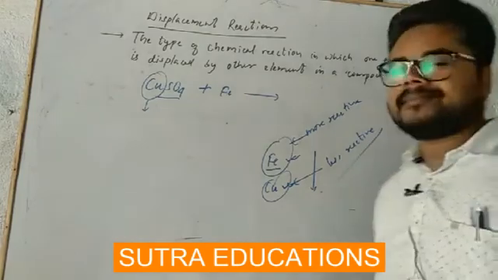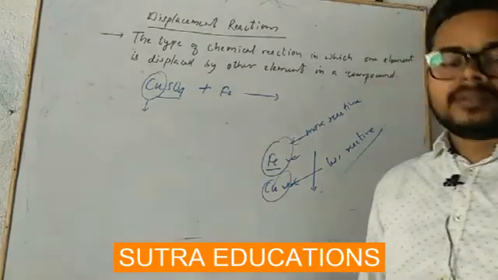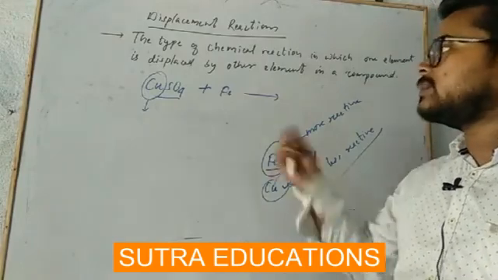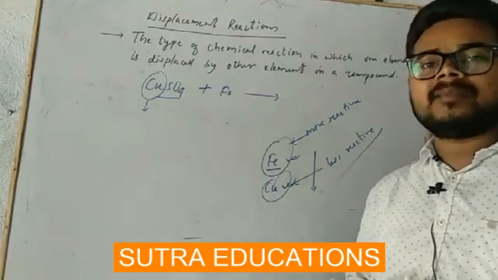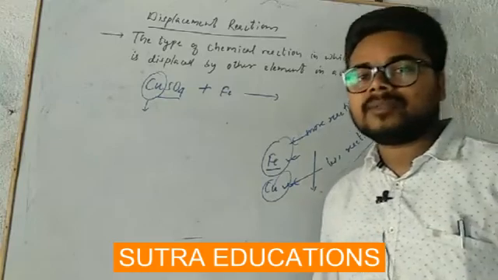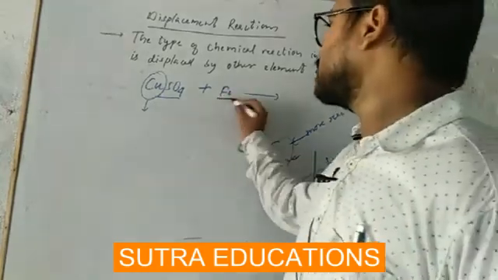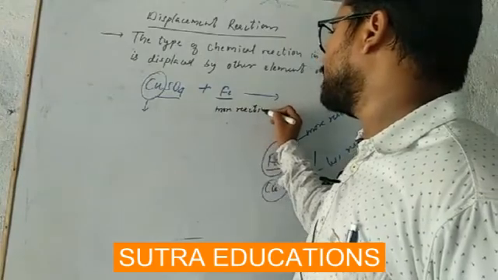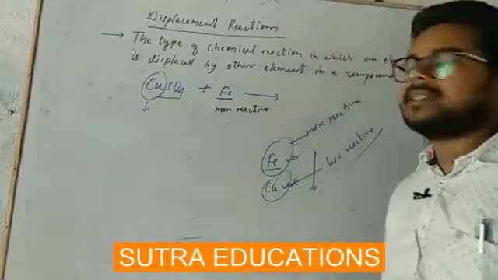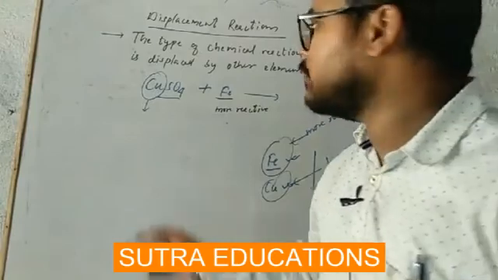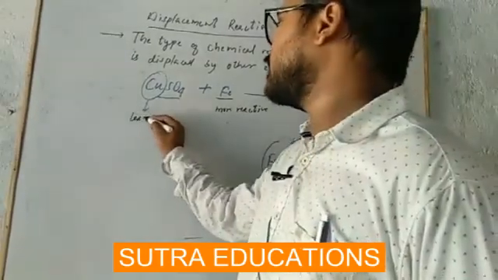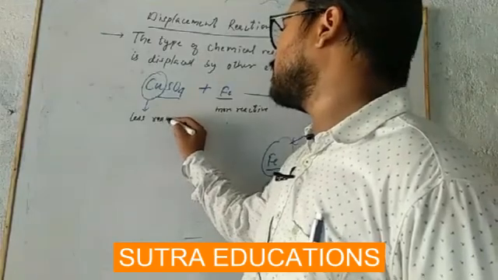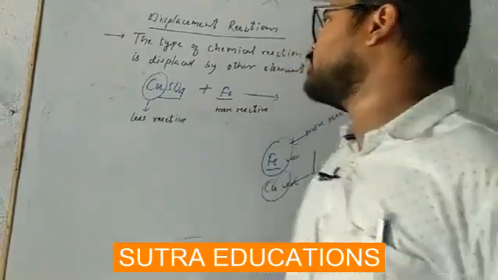Got it? So the more reactive element will displace the less reactive element from the compound. Because this Fe is more reactive. Why is Fe more reactive? Because it is placed above copper in the reactivity series, and copper is less reactive. So what will happen?